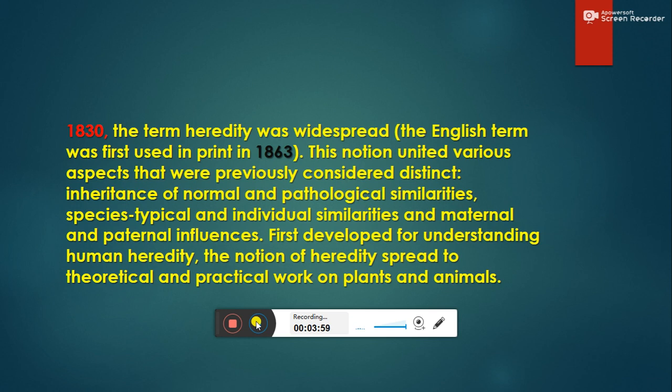When the word heredity comes forward, all the knowledge of genetics comes to one stage: the inheritance of normal and pathological similarities, species-typical and individual similarity, and maternal and paternal influence first develops for understanding of human heredity.